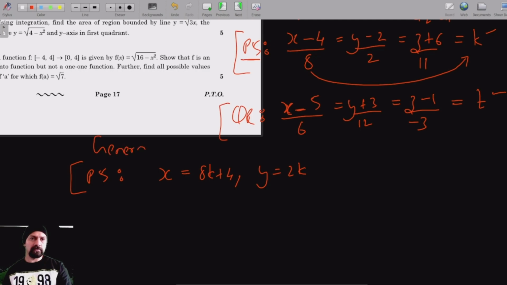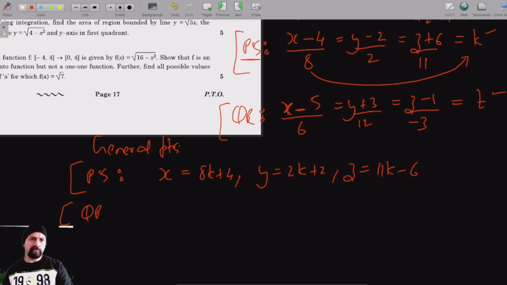These are the general points that lie on diagonal PS for some value of k.